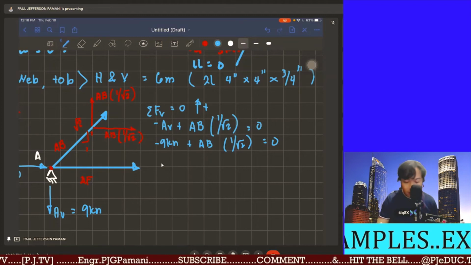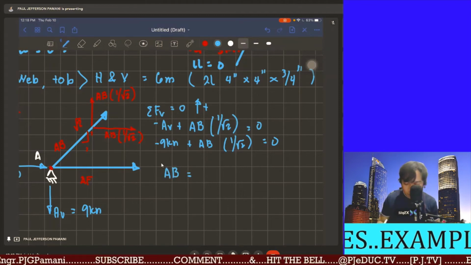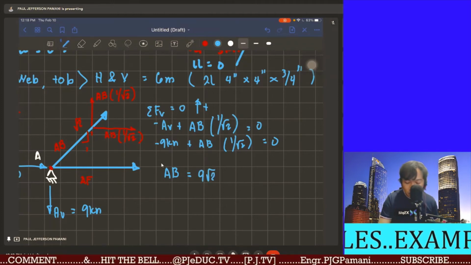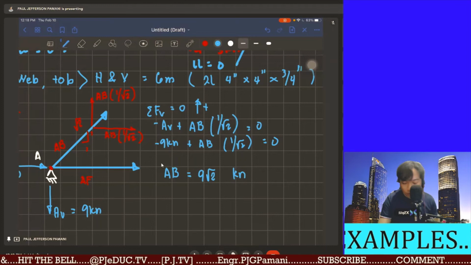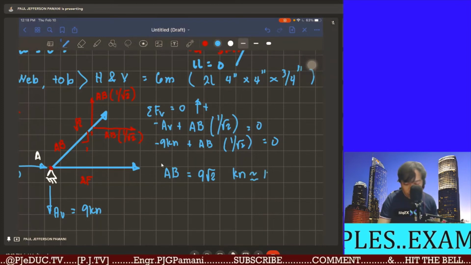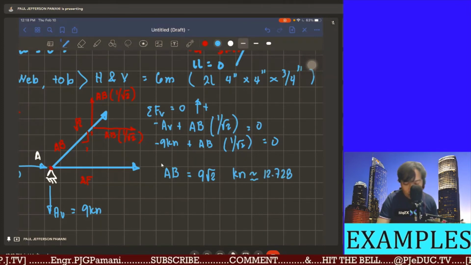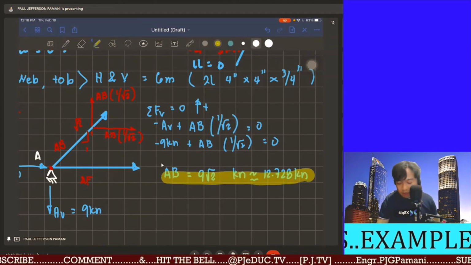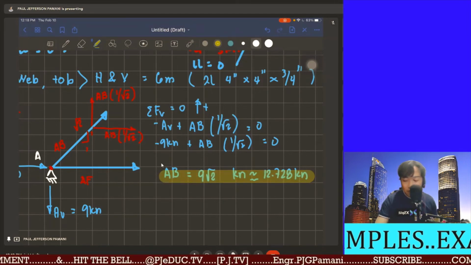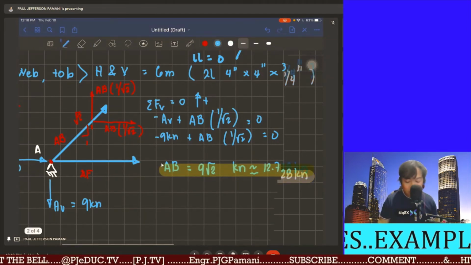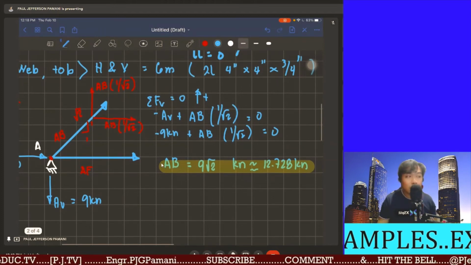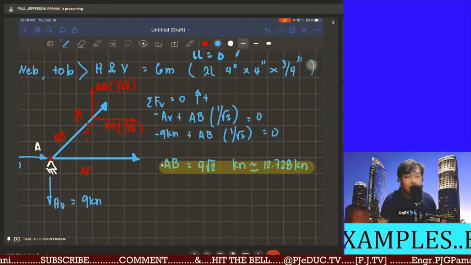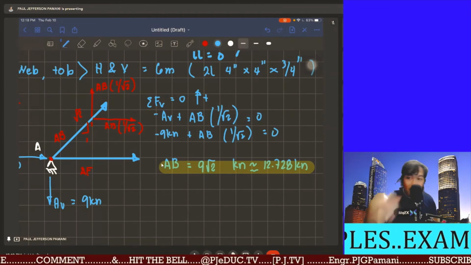That is AB. As much as possible, don't convert to decimal if you can express it like this: 9 square root of 2 kilonewton, or that is 12.728 kilonewton. In your quizzes and exams later on, I will specify how many decimal places your final answer should have. But for this, as much as possible, so that your forces in each member don't decrease or increase, use the full decimal places.